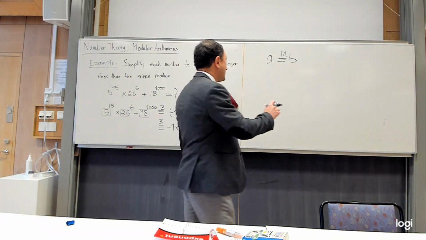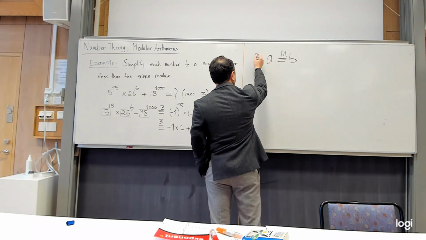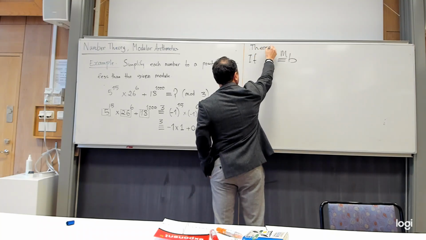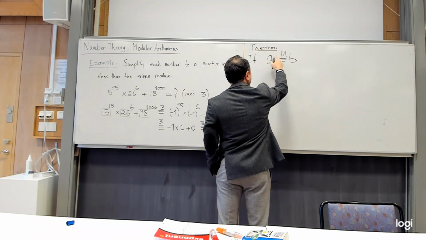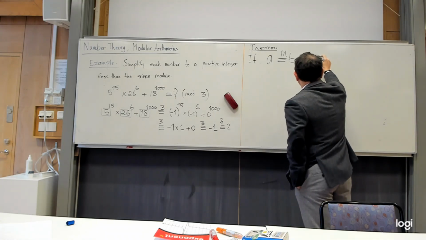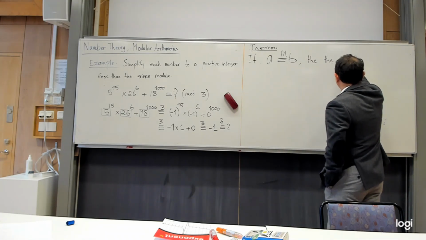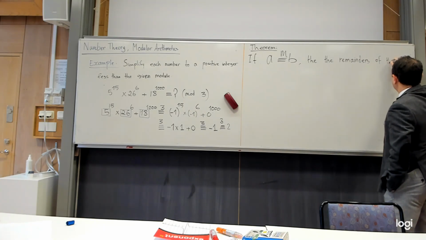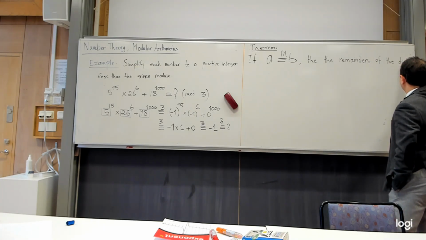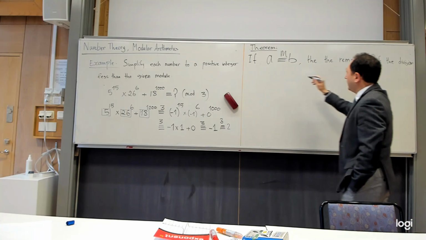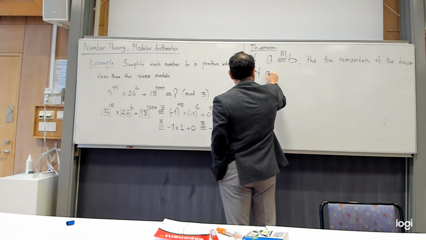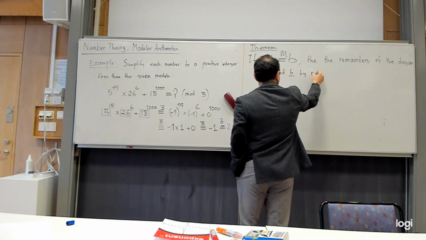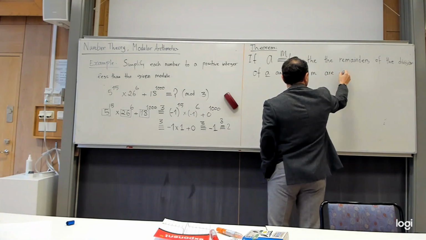So this is my claim. This is a theorem. If A is congruent to B modulo M, then the remainders of the divisions of A and B by M are equal.